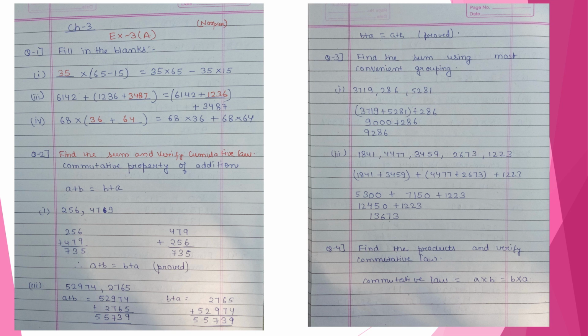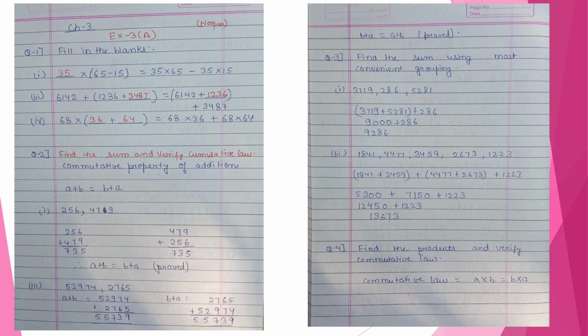If we will add them, 9 plus 1 will end up to 0, that is 10. So we'll add them at first. 3719 plus 5281, it is giving up the sum 9000 plus 286, so it is equal to 9286.